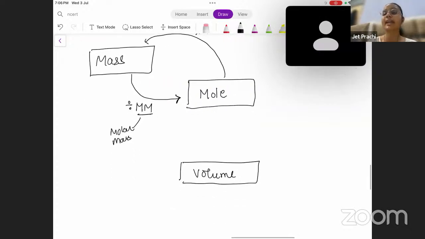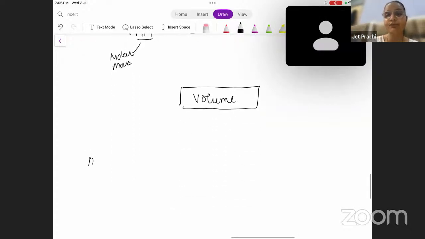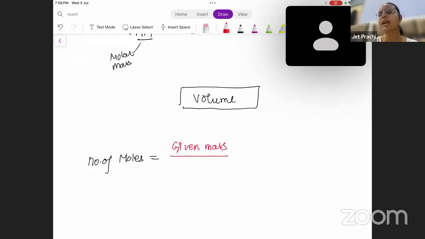So from here, what I can say is if I have to find the number of moles, I have to divide the given mass, whatever is given to me in the question, by the molar mass, right? And similarly, if the number of moles is given to me, then I can find the mass of that particular number of moles.